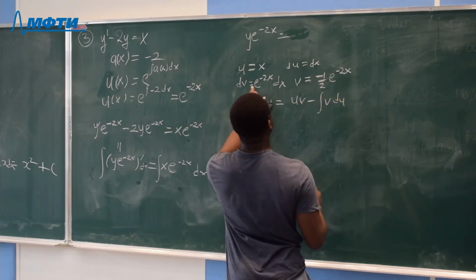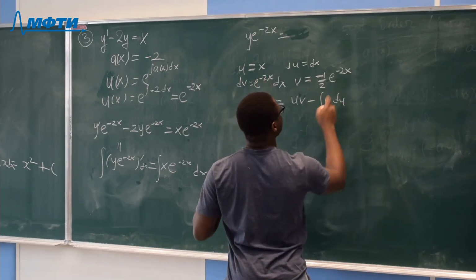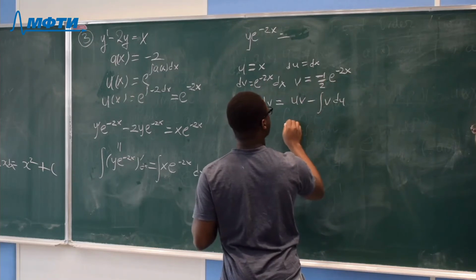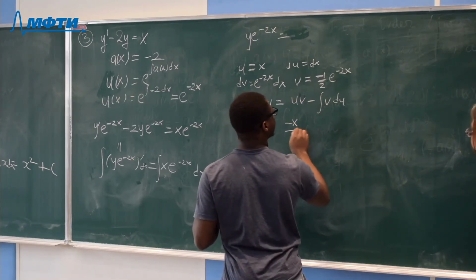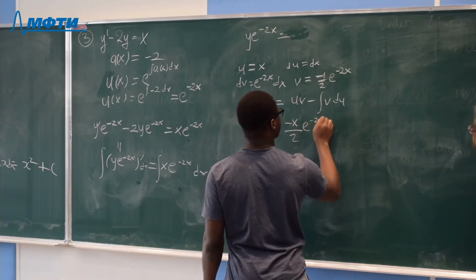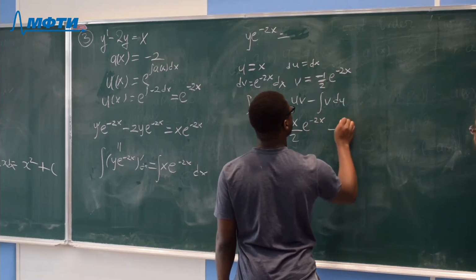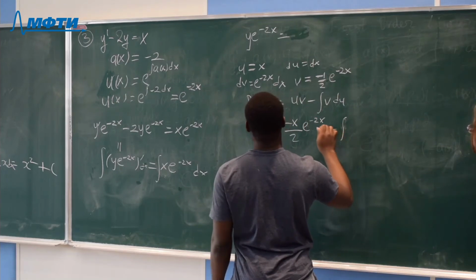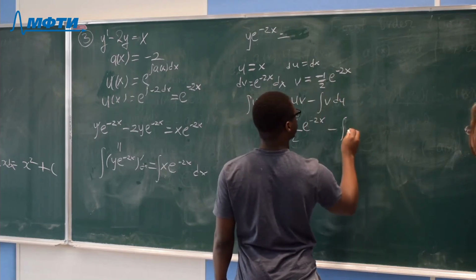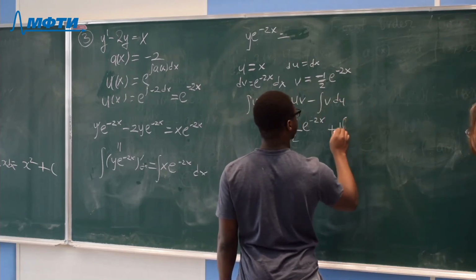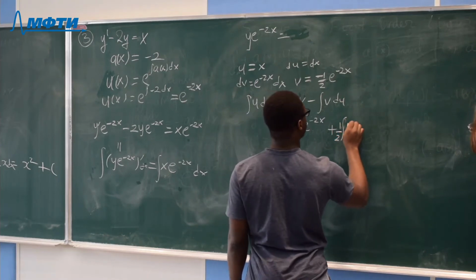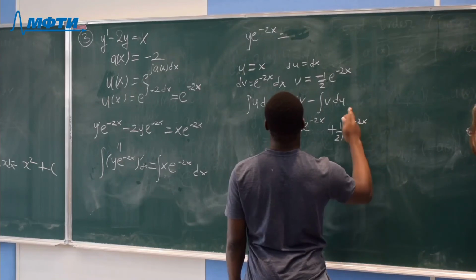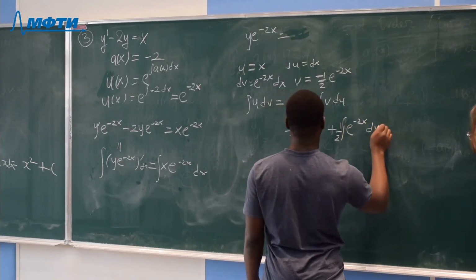It's excellent. So uv is minus x over 2, minus the integral of v, dx.